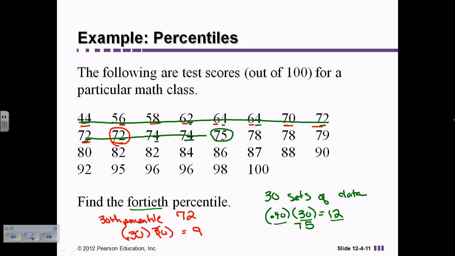So if we count 12 positions over, 1, 2, 3, 4, 5, 6, 7, 8, 9, 10, 11, 12. The next position denotes the marker for the 40th percentile. So the value of the 40th percentile is everything below 75.